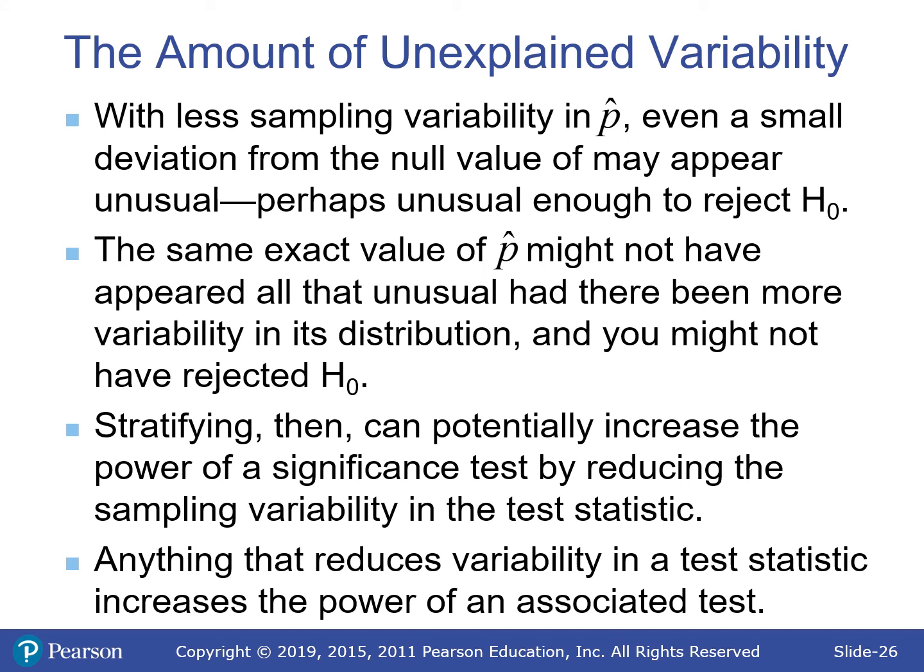Stratifying can potentially increase the power of significance because it reduces the sample variability. Anything that reduces the variability, or refining the population that we're looking at, can sometimes reduce that variability. And so there are things that we can do to reduce that, and that can help to make a test more powerful.